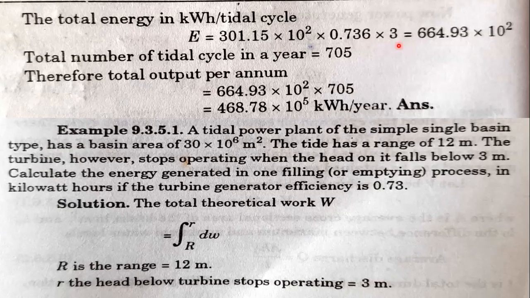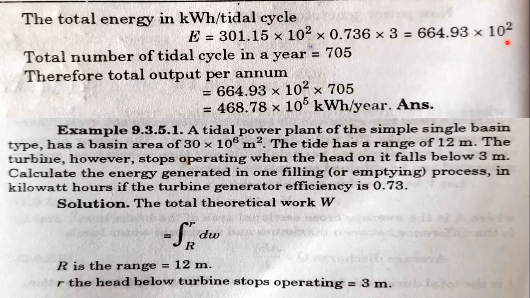Hours taken is 3. Sorry, E is the energy per tidal cycle. Total energy per tidal cycle is this one. If you multiply the value by 0.736 into 3, we will get 664.93 into 10 square.